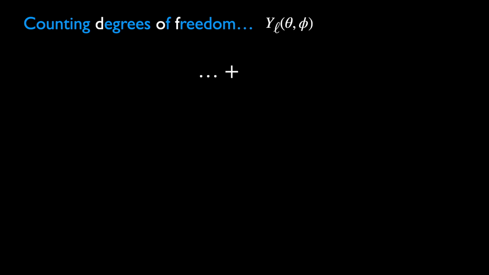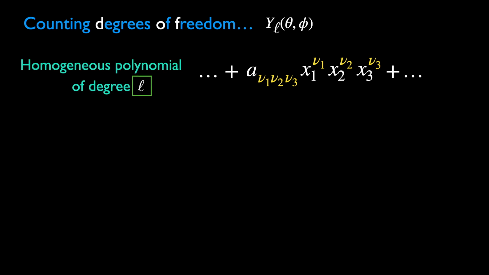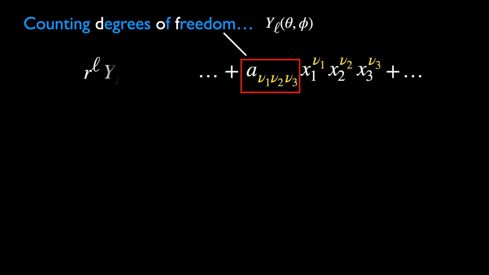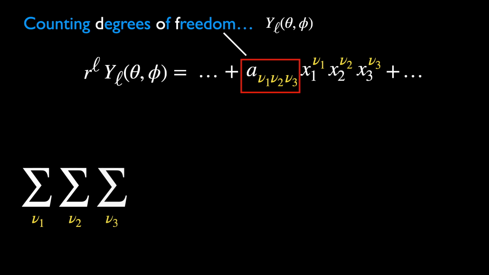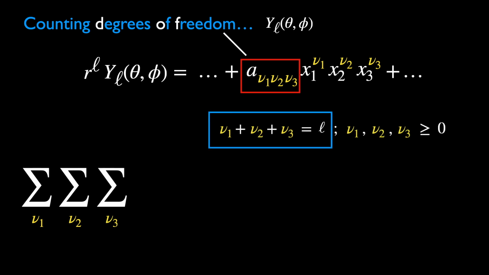Let's count the number of degrees of freedom in Y_L. By this we mean the number of independent coefficients in a homogeneous polynomial of degree L. This means we have to sum over nu1, nu2, and nu3, while keeping the constraint in the blue box.